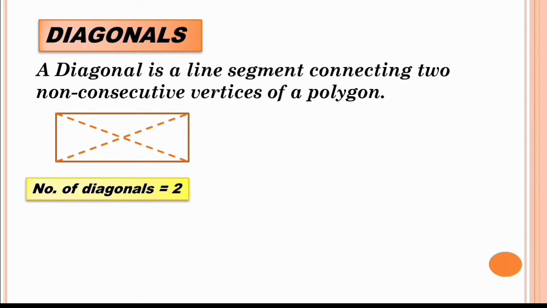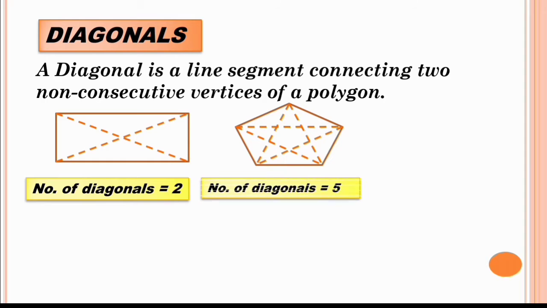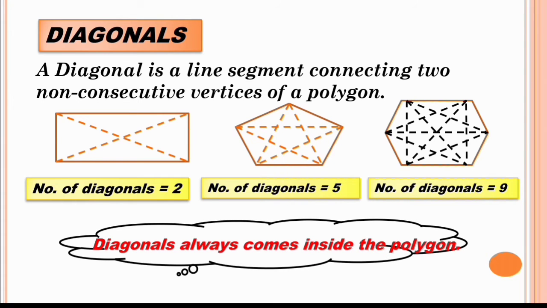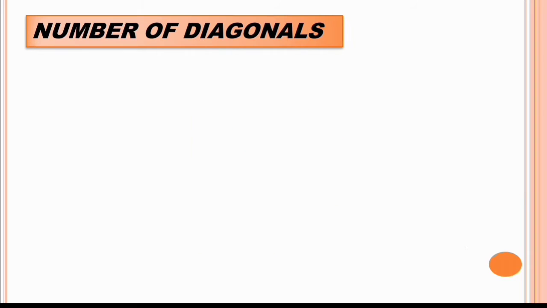So, for this rectangle, the number of diagonals is 2. Look at this pentagon also. For this pentagon, the number of diagonals is 5. And for this hexagon, the number of diagonals is 9. Always remember, students, diagonals always come inside the polygon.